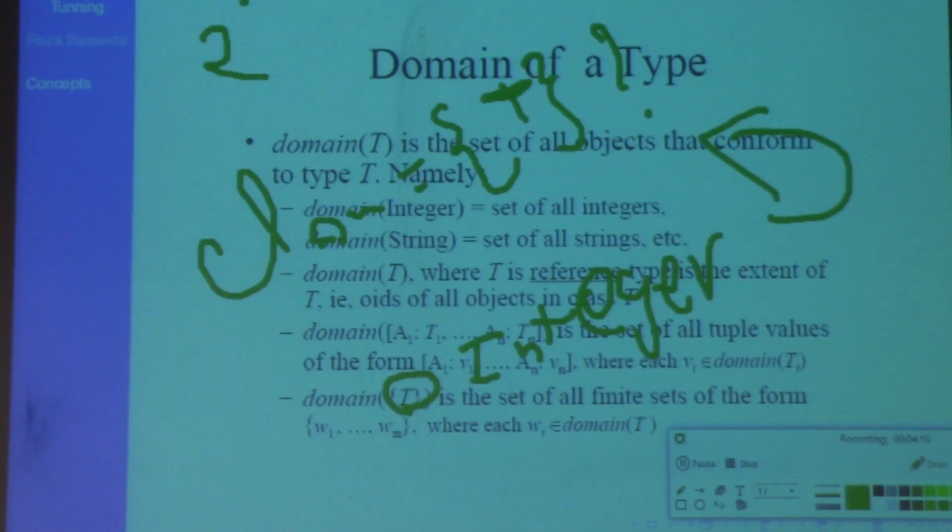Because this is all possible subsets of integers. It's very big.